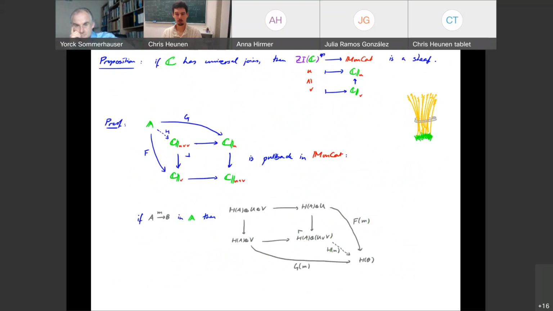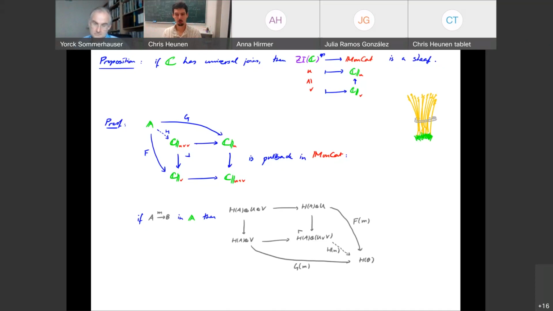So if you have two opens U and V, not necessarily one below the other, they have a join, they have a meet. I can look at the small category C restrict U and the small category C restrict V. They will both restrict further to the even smaller category C restrict to the meet of U and V. And going bigger, U and V are both below U join V. So I have restrictions from C restrict U join V to CU and to CV.